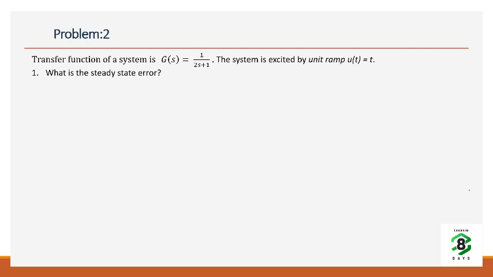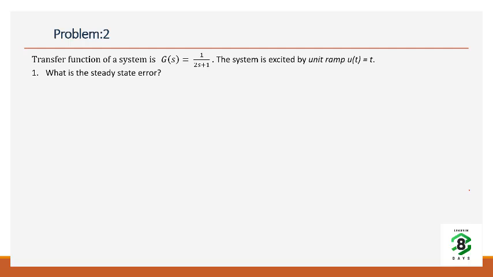The second problem is transfer function of the system is given as 1 by 2s plus 1 and the system is excited by a unit ramp. What is the steady state error? We will try to find out the steady state error, time domain steady state error from the frequency domain itself.